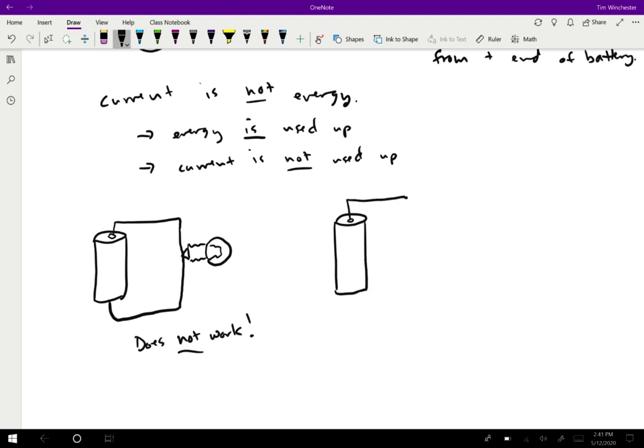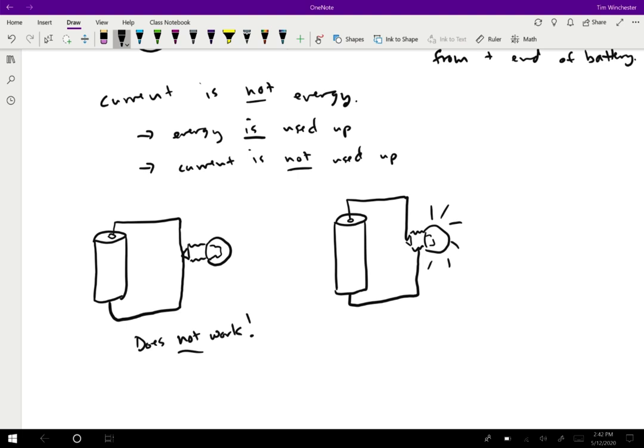I'm going to have a wire that touches the nub of the bulb, but then another wire is going to touch the screwy part of the bulb like this. So two separate wires touching two separate parts of the light bulb, and then the bulb will light up.